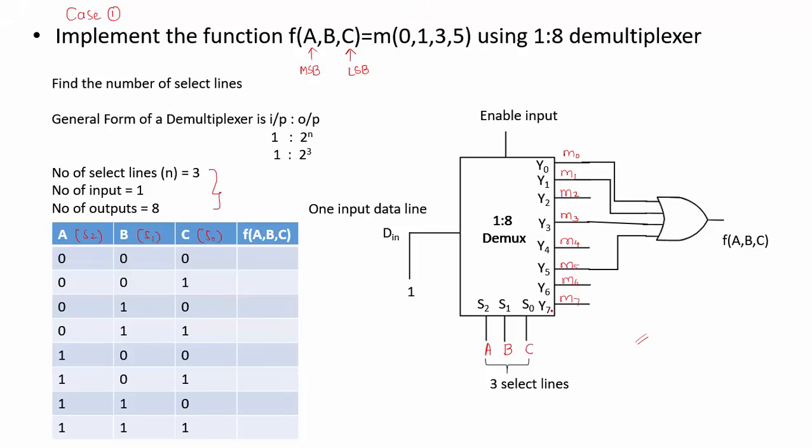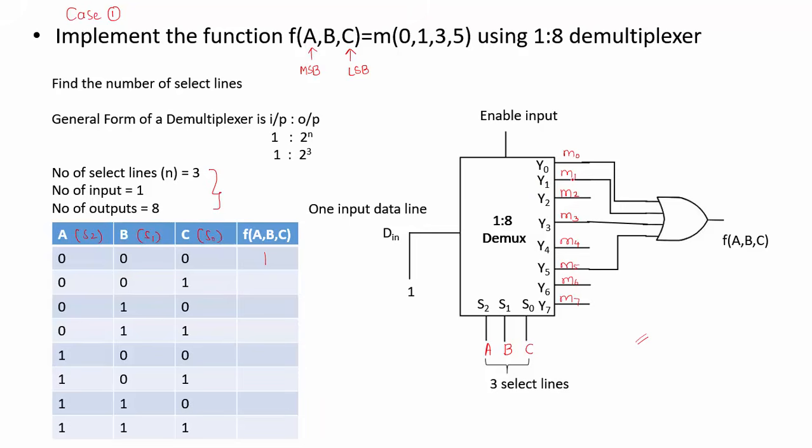and all others will be 0. We have seen this in the working of a demultiplexer. And the inputs to the OR gate will be 1, 0, 0 and 0. Hence the output of this OR gate will be logic 1. So in case of 0, 0, 1, D in line gets connected to Y1.